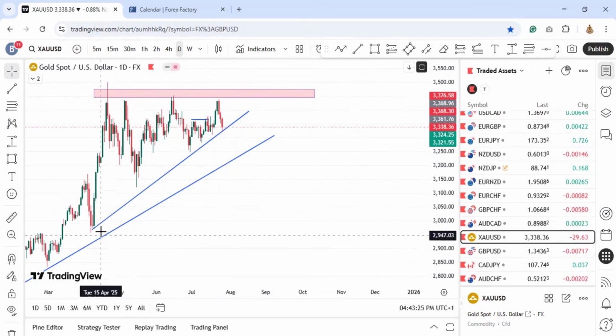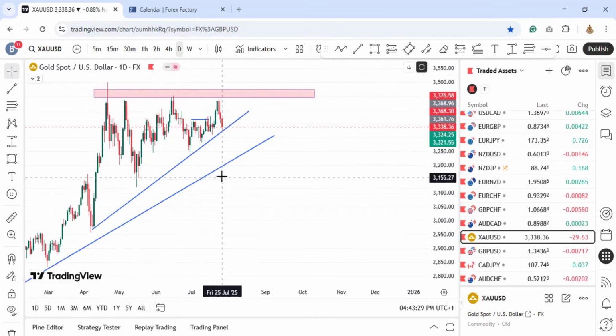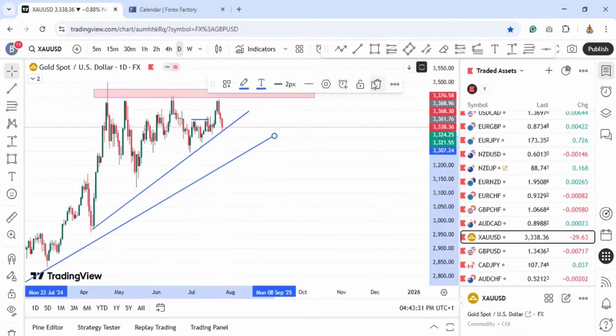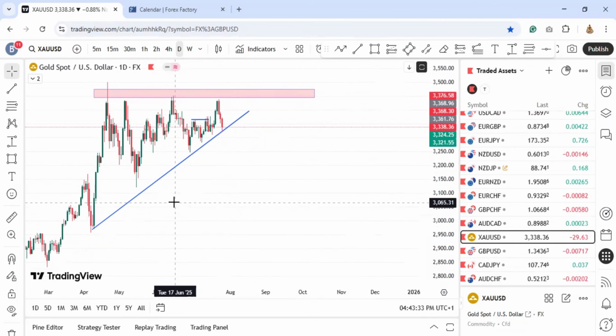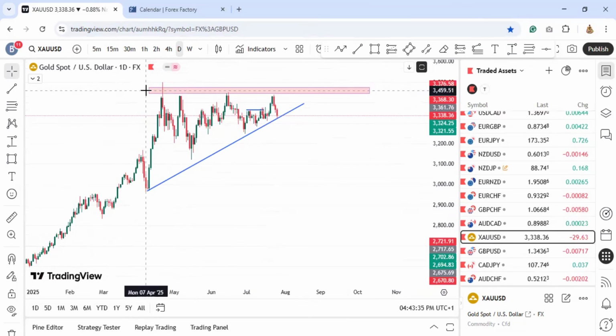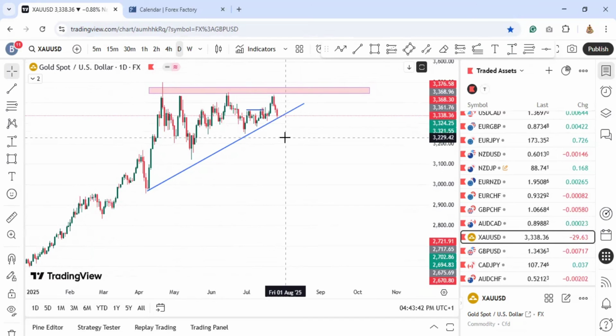And from this daily time frame, we can see there is a trend line. So let us look, anything could happen on gold with this supply zone and with this trend line. Whoever breaks first, that will be the direction of the market.